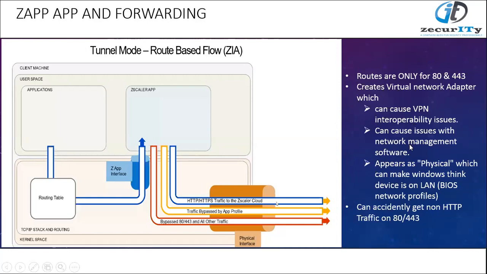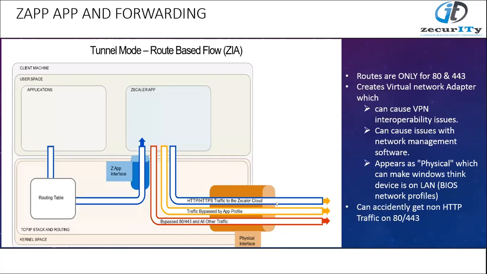There will be interoperability issues. It can cause issues with network management software, and it appears physical, which makes Windows think a device is on the LAN. It can also accidentally get non-HTTP and HTTPS traffic, because the routing decisions may be made for 80 and 443, but there are chances of receiving more than 80 and 443 traffic towards the Zscaler cloud.